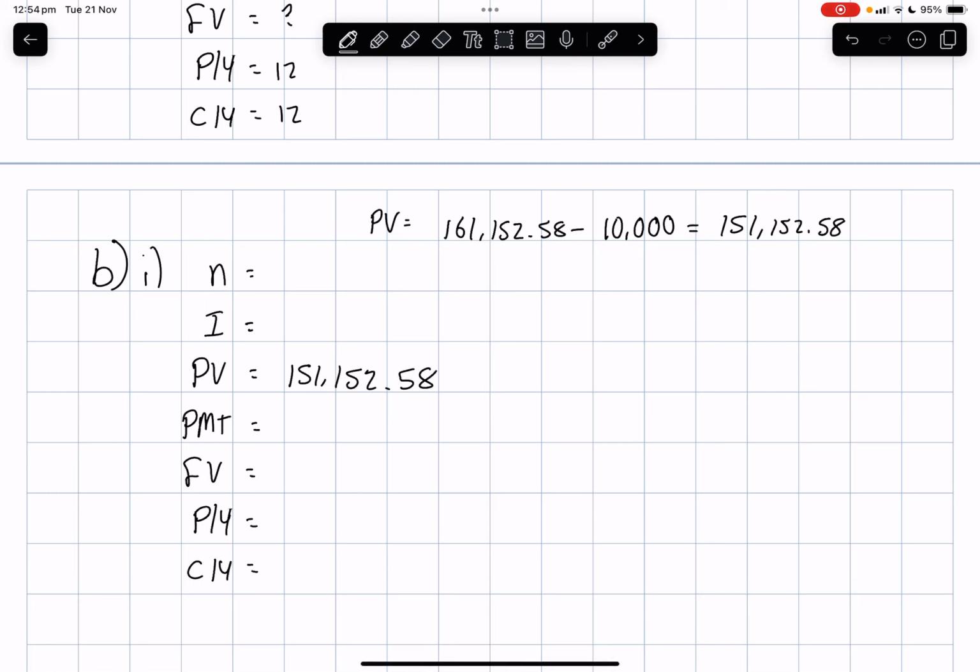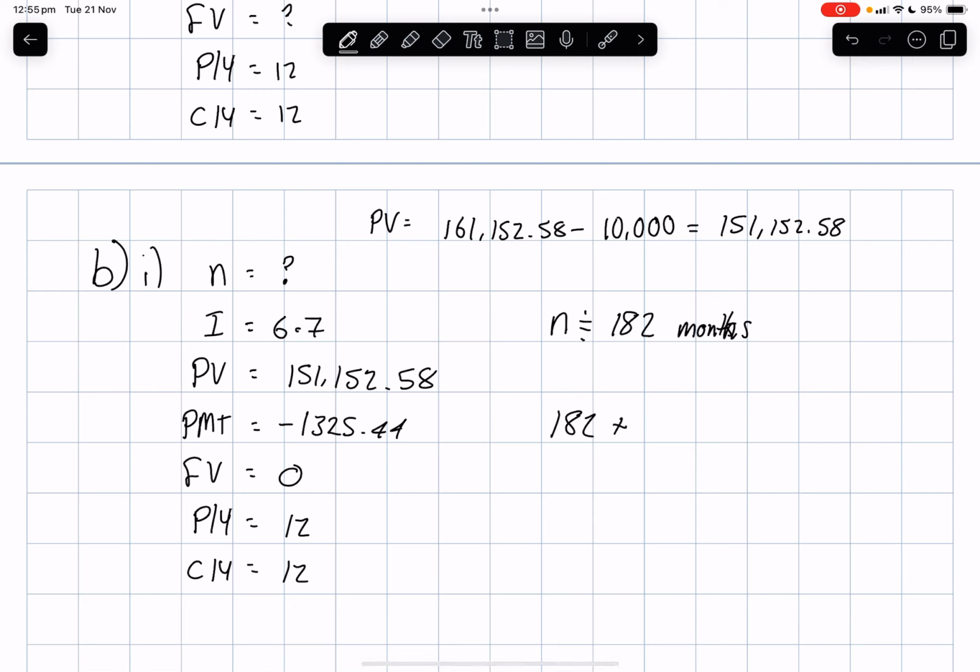We're looking at how long it now takes to pay off the remainder of the loan. The same payment per month, 1325.44, $0 left in the loan, 12 and 12. And we find N is approximately 182 months. So in total to pay off the loan, we've got 182 plus 3 times 12 from the 3 years prior. So we've got 218 months overall to pay off the loan. And that is our final answer there.